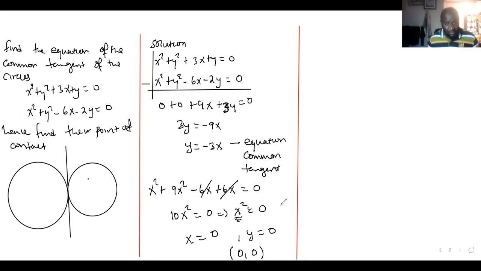You always have to note this: it is repeated, which tells you there are two possible values of x, but they are the same value. When you get one repeated value of x, the circles touch each other. When the values of x are different, the circles intersect.